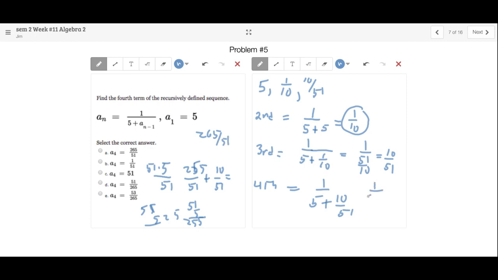So this becomes 1 over 265 over 51. Hence, complex fraction. I've got to rewrite it as 51 over 265. And lo and behold, another D. Who would have thunk it? All right, did I slow down enough for that one?